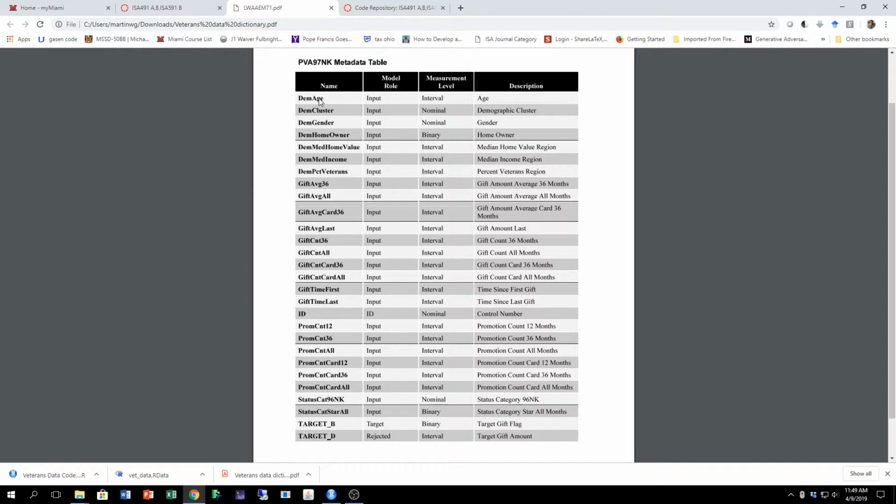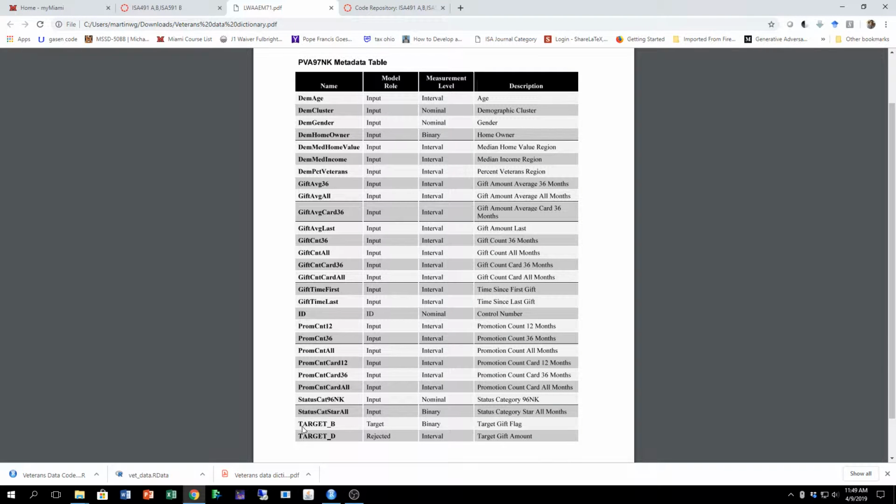So you have information about their age, gender, whether they're homeowners or not, home values, median income. You have information about the kind of gifts they have given in the past and the promotions we were running at that time for the organization to be able to get those donors to donate.